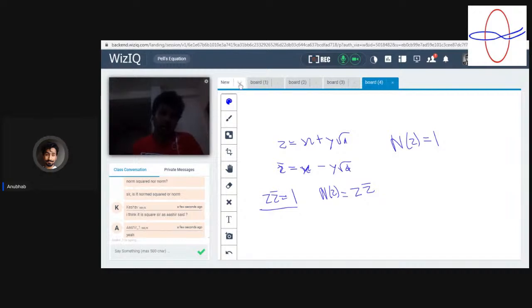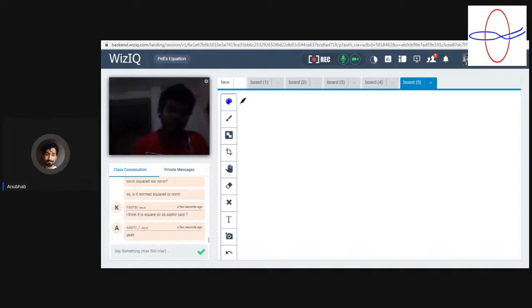Before we try to do that, we should understand some basic properties of the norm. And the norm again comes from the conjugation operation. So firstly we'll try to understand some properties of the conjugation.